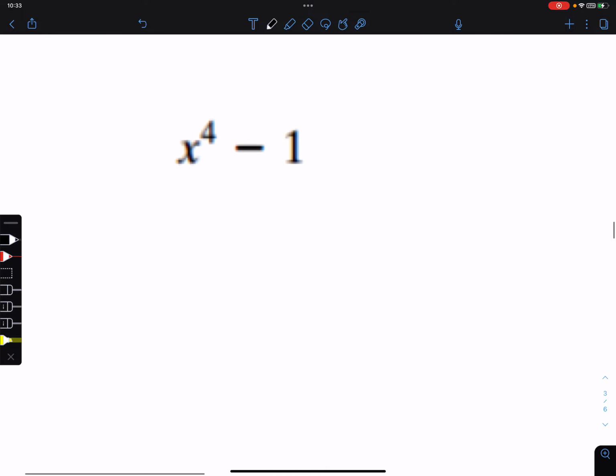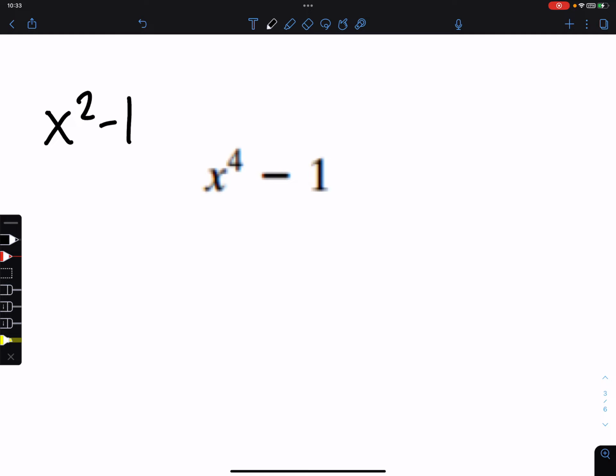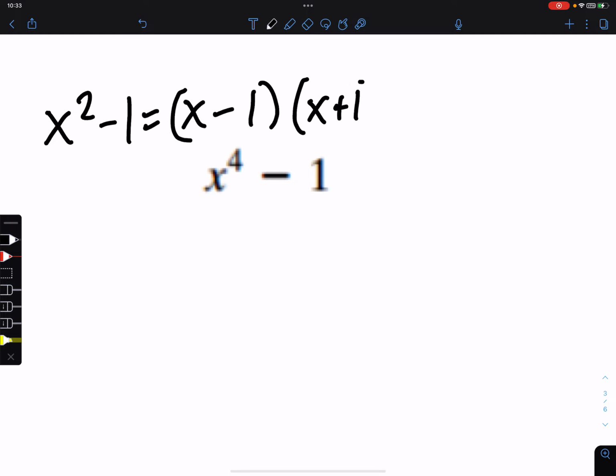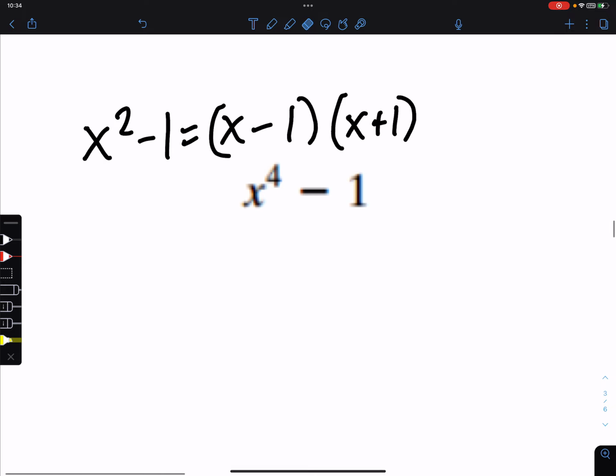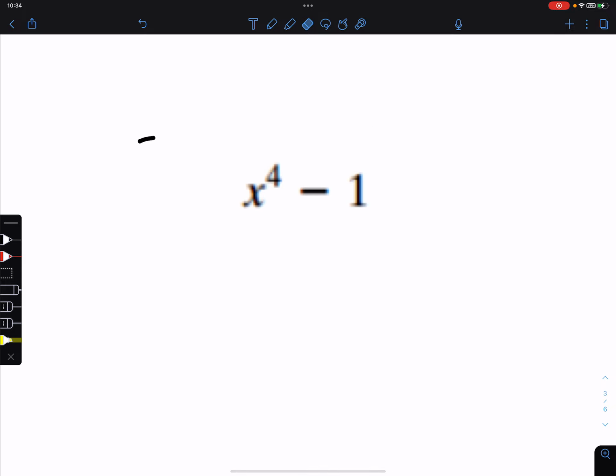Okay, x to the 4th minus 1. Now, this kind of looks like x squared minus 1, right? In which we could factor this as x minus 1 times x plus 1. But we have an x to the 4th here. So what do we do?